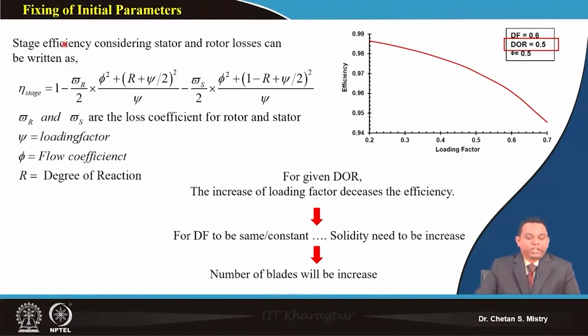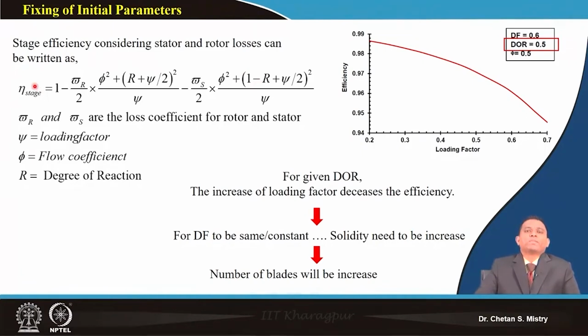So stage efficiency is mainly defined as 1 minus the loss coefficient in the rotor, correlated with the flow coefficient, degree of reaction and stage loading coefficient, and this term represents the loss factor in the stator.